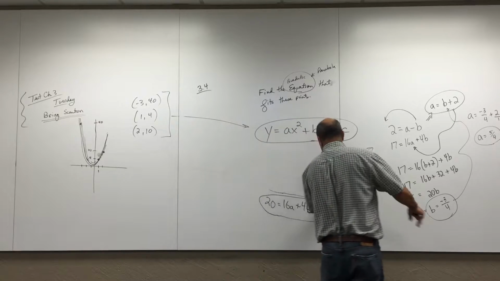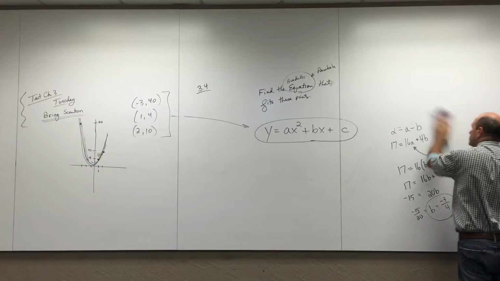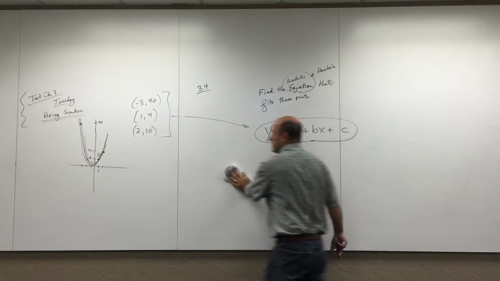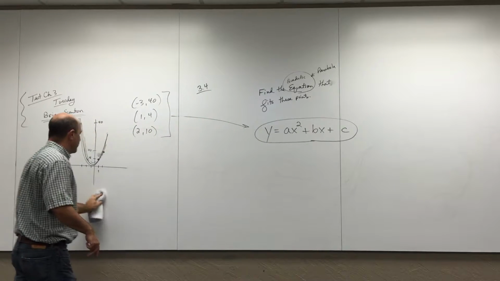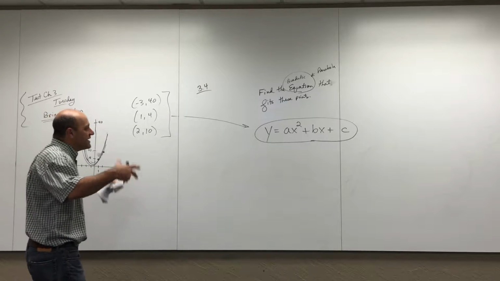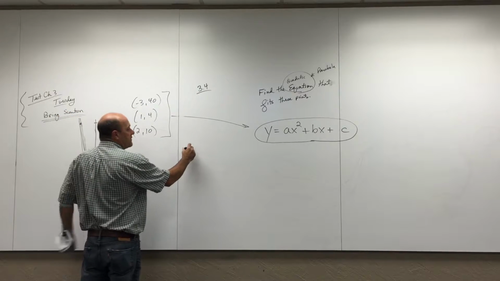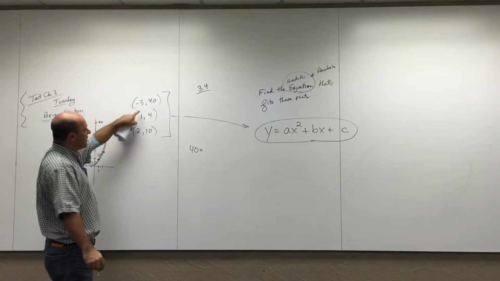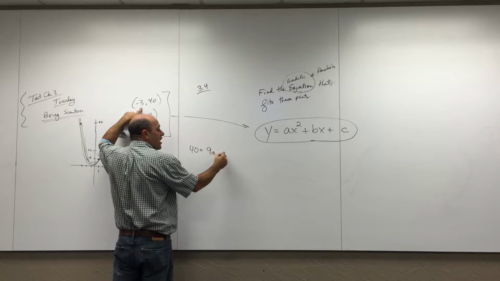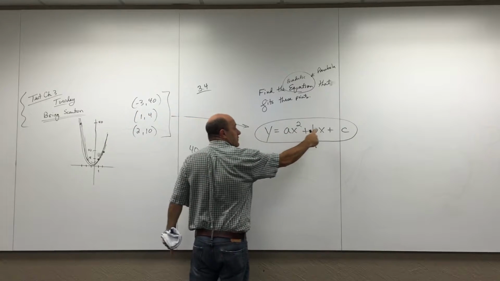Let's check it out. Watch what happens when you have these 3 points. Again, you're smart algebra students, you can do this, but it might be something we haven't done yet. Here I go. I'm plugging in a 40 for y and a -3 for x. That gives me 9a minus 3b plus c. That's what happens when you plug a -3 in for x.